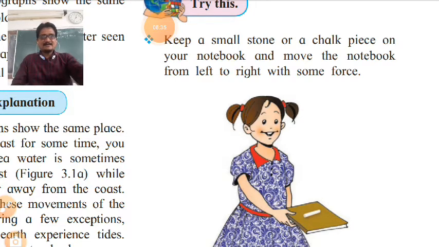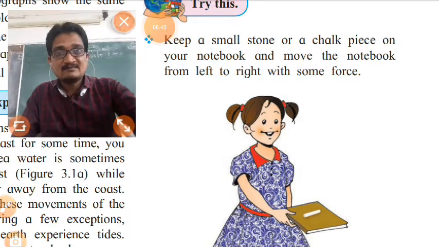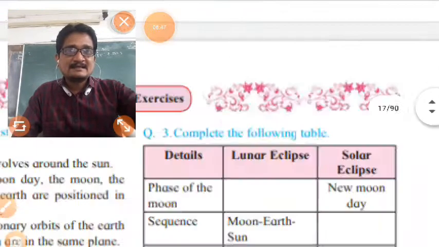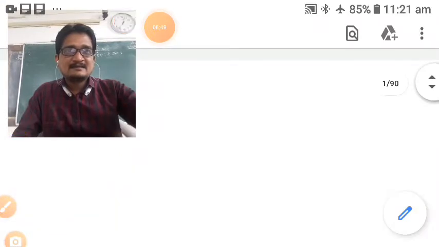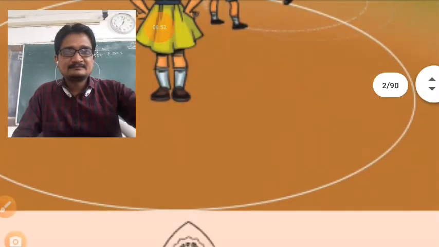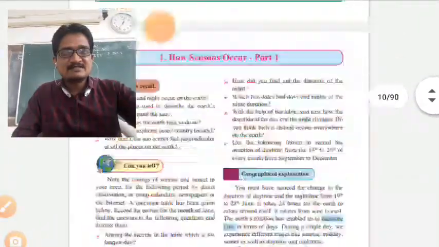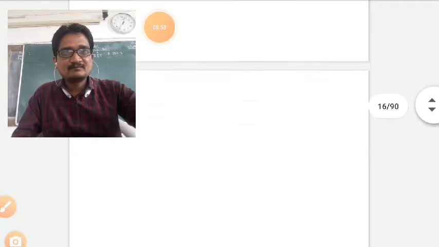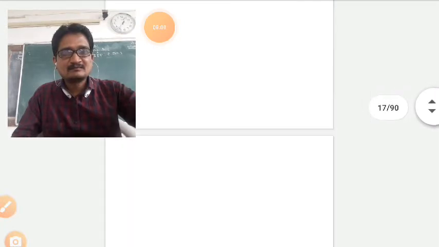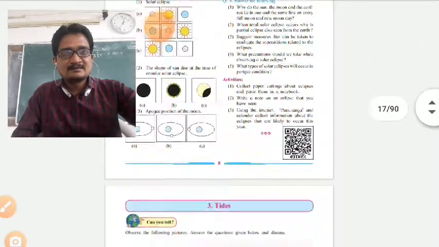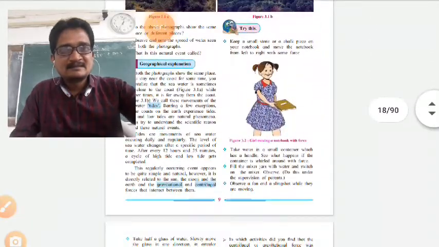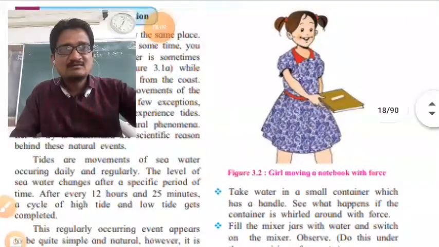A small stone you can take on your notebook and move the notebook from left to right with some force. See here, the girl is moving a notebook with force.